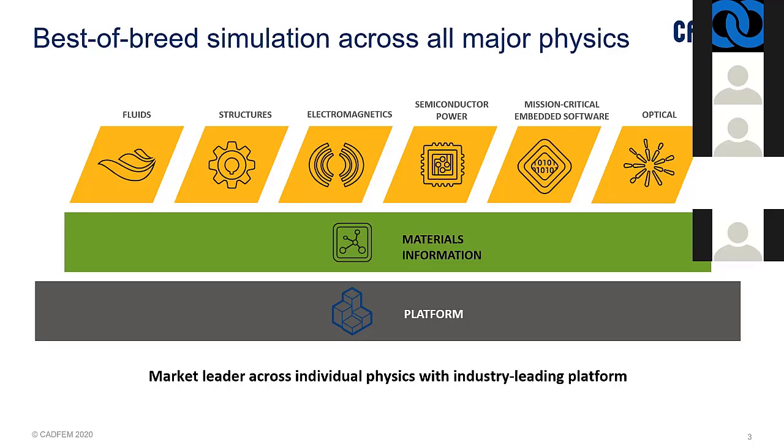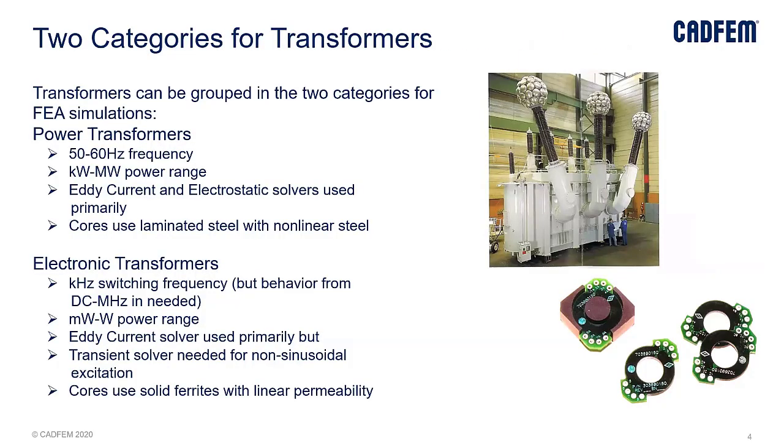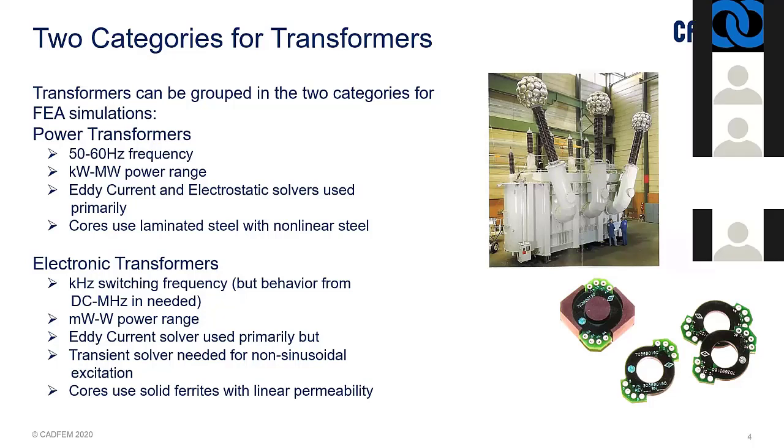As I mentioned previously, when you talk about transformers, there are two categories: power transformers and electronic transformers. How can Ansys add value in both power and electronics? Before going to that, we will see what exactly power transformers and electronic transformers are. Of course, you people know all these products very well, but this is just a brief glimpse.